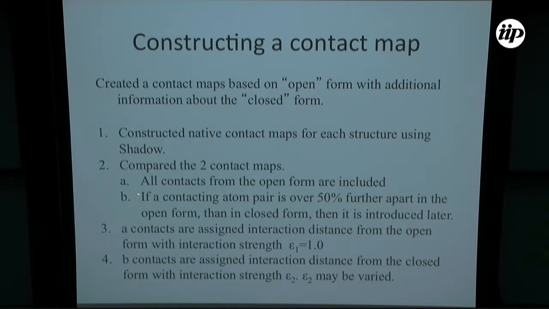And then we said, if we look at contacts that are only formed when the system is closed, if those contacts are completely broken in the open configuration, we will also include those. And those contacts we consider to be related to ligand binding. In this case, it closes when the ligand binds, so this was an effective way of accounting for this ligand binding induced conformational change. It's not that these are direct interactions in nature, they're actually describing an effect of a ligand.